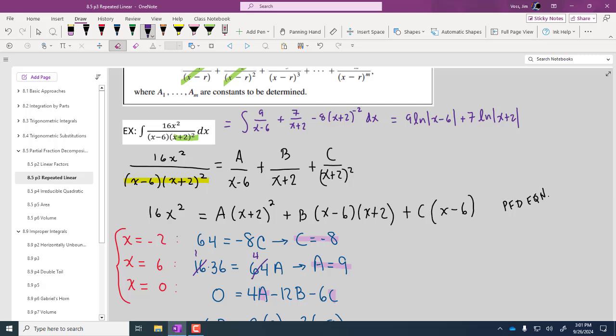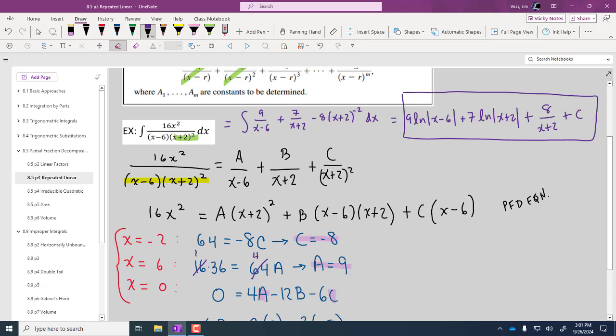So add 1, get negative 1, divide by negative 1, making that positive 8. So we're going to have 8 times x plus 2 to the negative 1. X plus 2 to the negative 1 just means 1 over x plus 2. So there is the antiderivative.